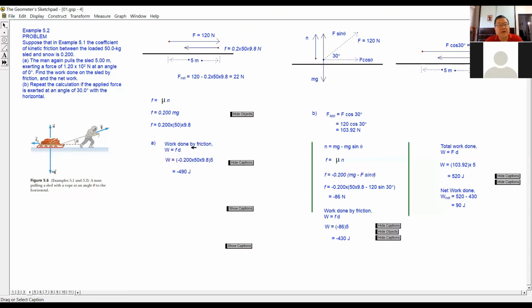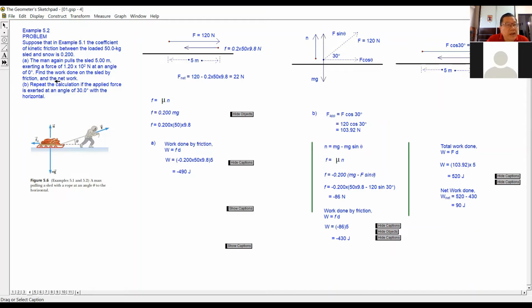So the work done by friction is the frictional force, which we have already calculated, multiplied with the distance moved, 5 meters. Because the frictional force is in the negative direction, you put a negative sign in front. So the answer is negative 490 joules.